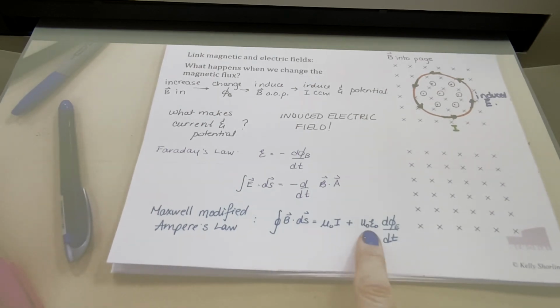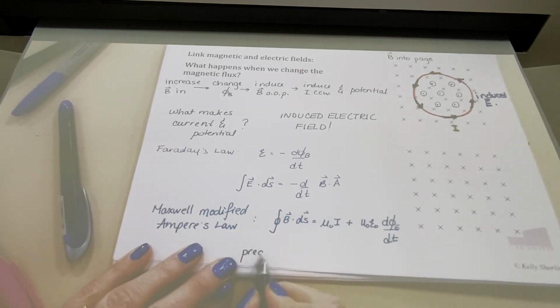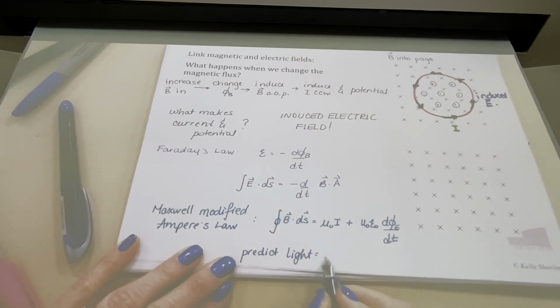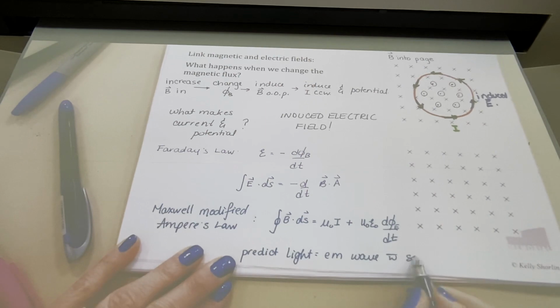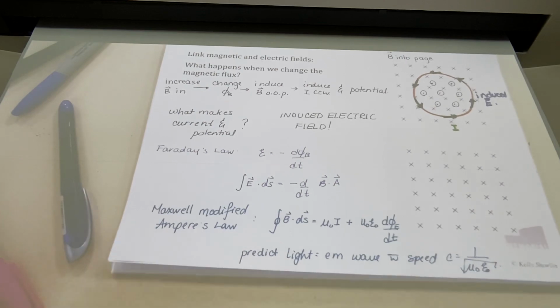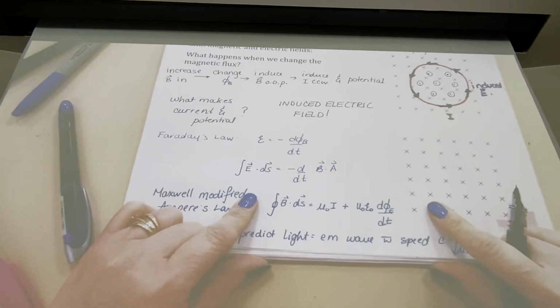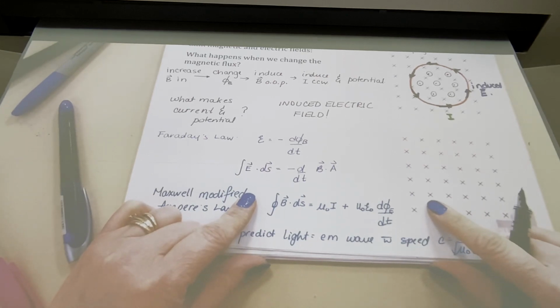And it predicts the speed of light, so this led Maxwell to predict light is an EM wave with speed c equals the square root of 1 over mu naught epsilon naught. So Maxwell looked at this equation. I think that was around the 1820s.